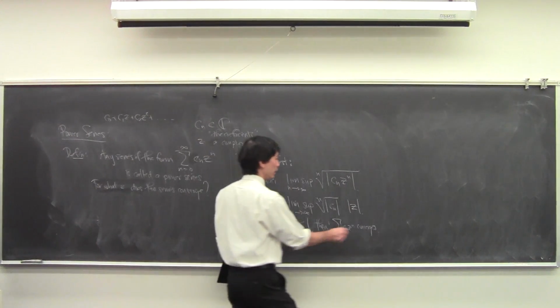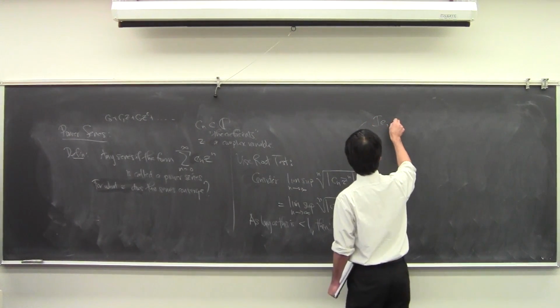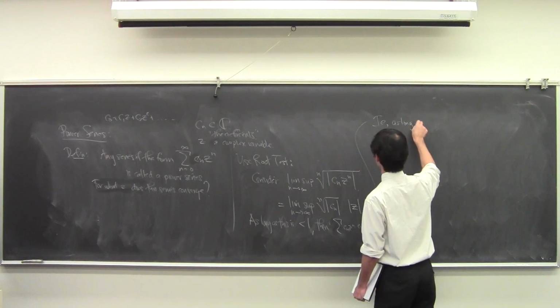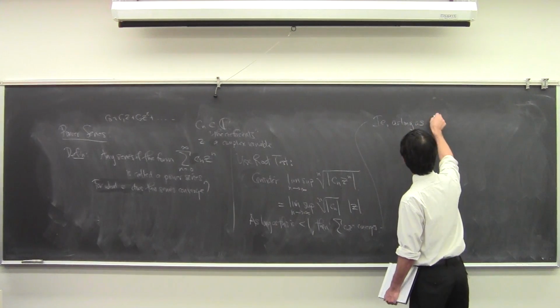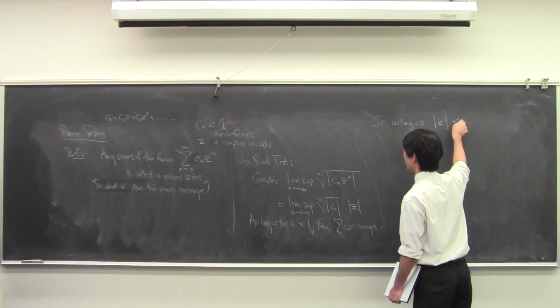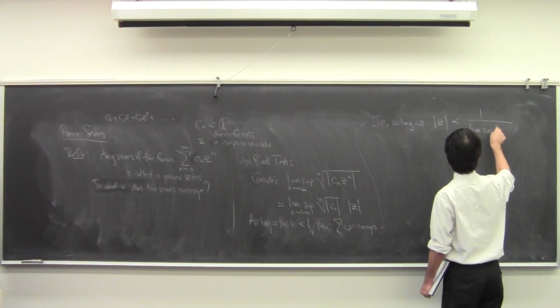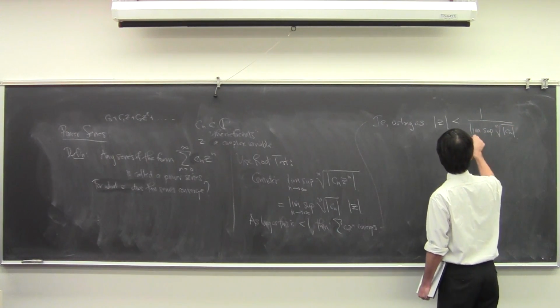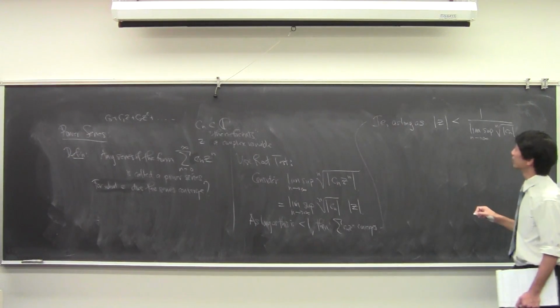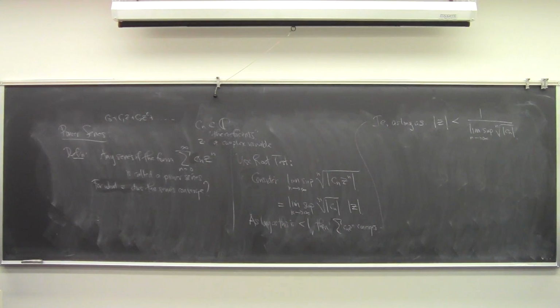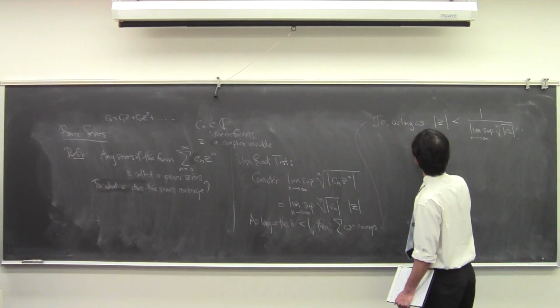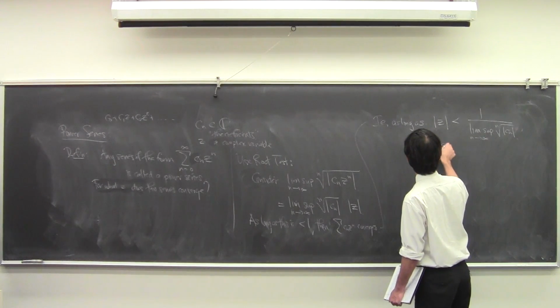In other words, as long as the modulus of z is smaller than 1 over the lim sup of the nth root, then we have convergence.